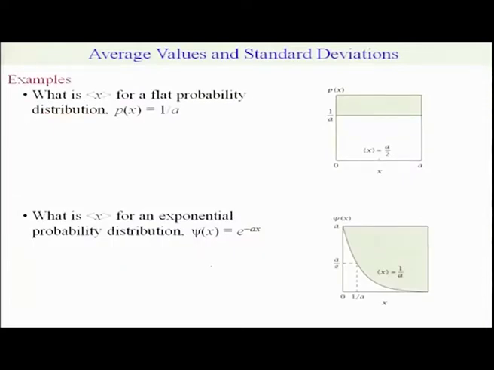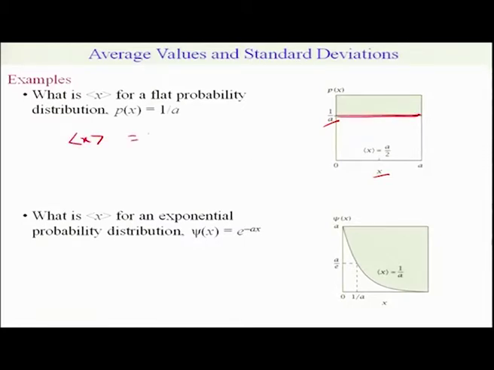Let me end this lecture by doing a final exercise of evaluating the average value of x for a given flat probability distribution as well as for a non-flat probability distribution. So, this is the probability distribution given to us, which is 1 by a as a function of x, which is flat, that means it is a constant, and we need to find <x> here.